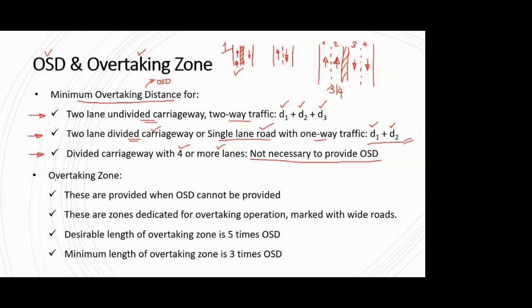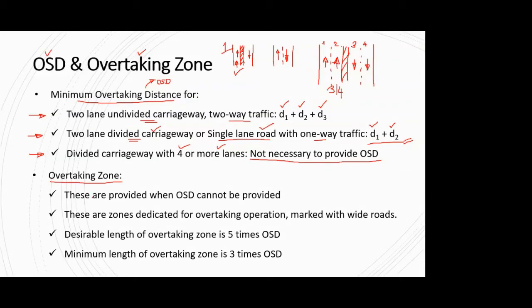And then there is something called overtaking zone. Now, what I told you, OSD is the minimum distance which is visible to the driver while the driver is driving the vehicle on the road and trying to overtake. But in some cases, it's not possible due to some constraints. It may be a topography constraint, or it may be a constraint of the road width as well, that you don't have that much road width to provide a 2-lane road.